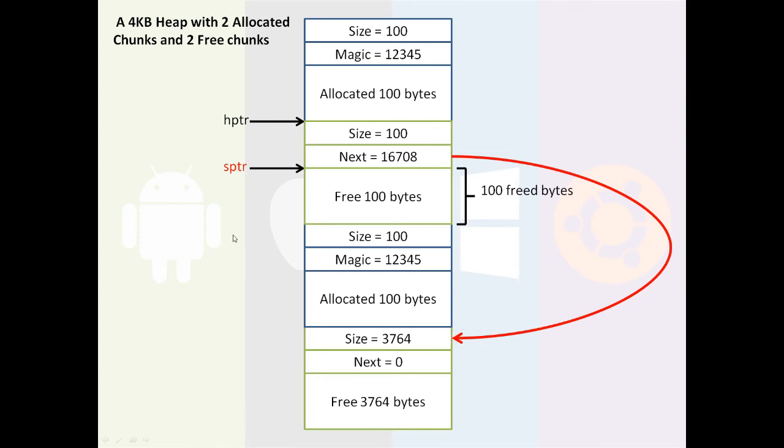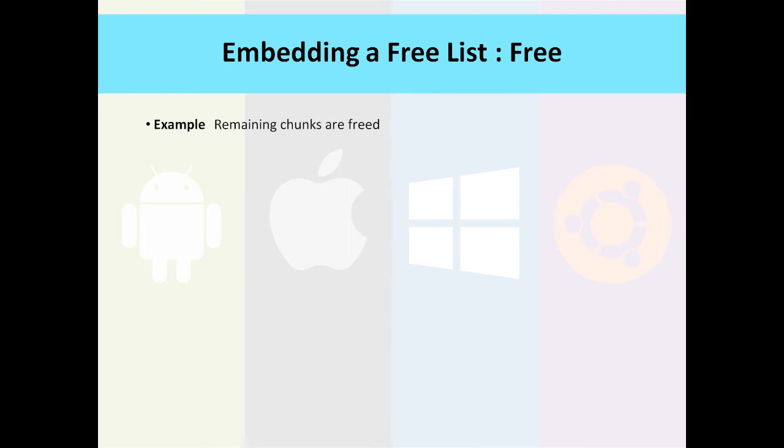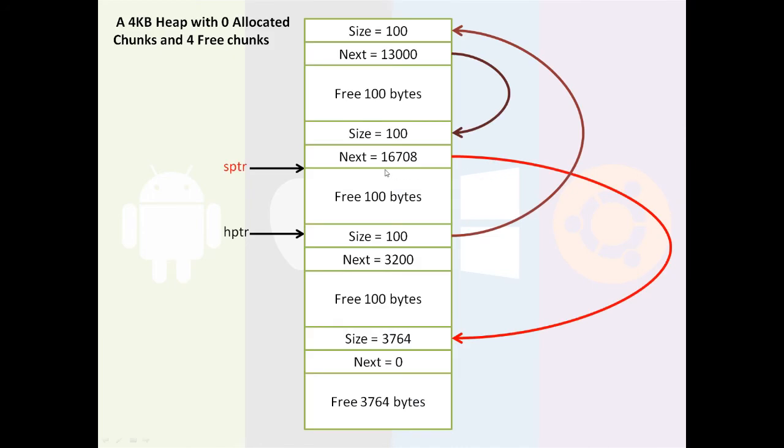So let's take this example a step further and say we free the remaining chunks. One by one, each of these chunks will be freed and then added to the front of the free list. Now what you end up getting is something like this. Our head pointer points to this chunk here, which is hypothetically the last chunk that was freed.